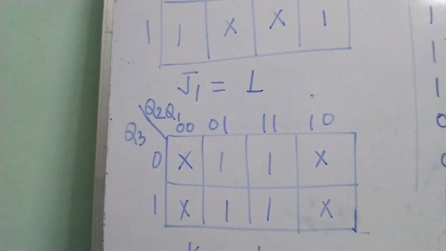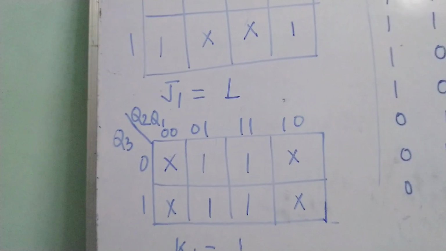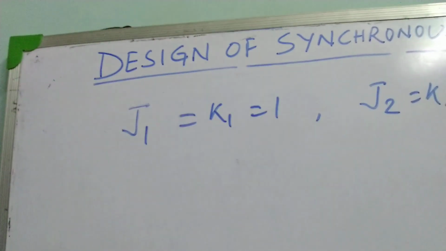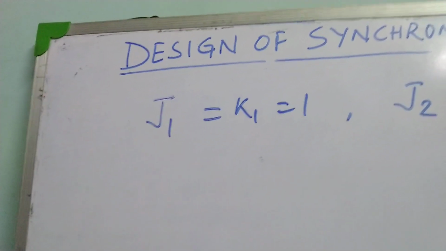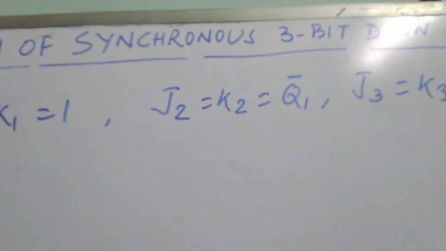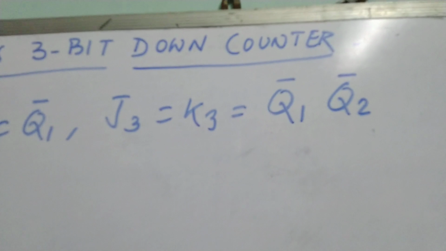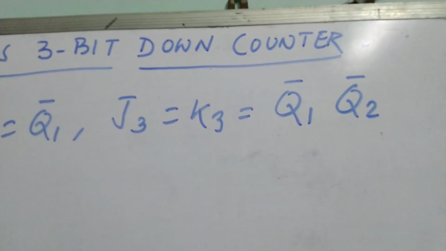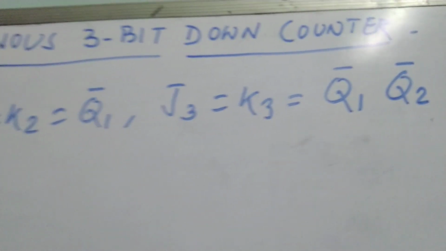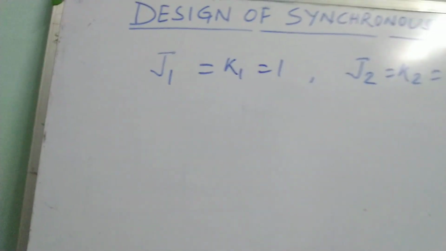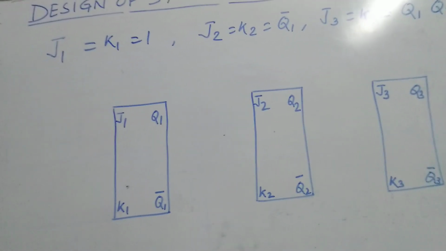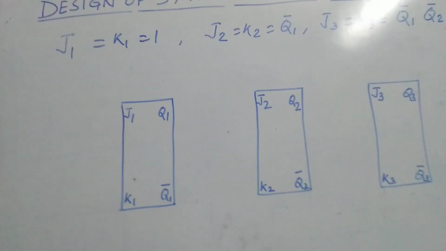So we get the minimal expressions: J1 and K1 both are 1, J2 and K2 both are Q1 bar, J3 and K3 both are Q1 bar, Q2 bar. Now we design using JK flip-flops. 3 flip-flops are there.